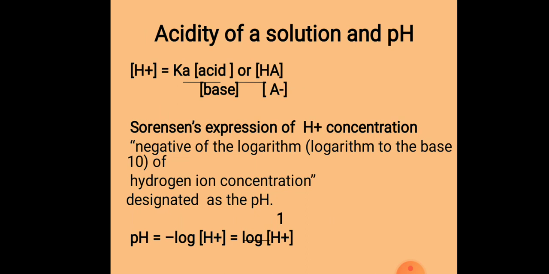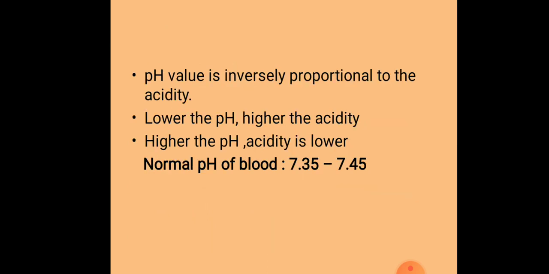So H plus is equal to Ka into acid by base, or HA by A. According to Sorensen's expression, H plus concentration is expressed as the negative of the logarithm of hydrogen ion concentration, and it is designated as pH. pH is equal to minus log H plus, or log 1 by H plus.